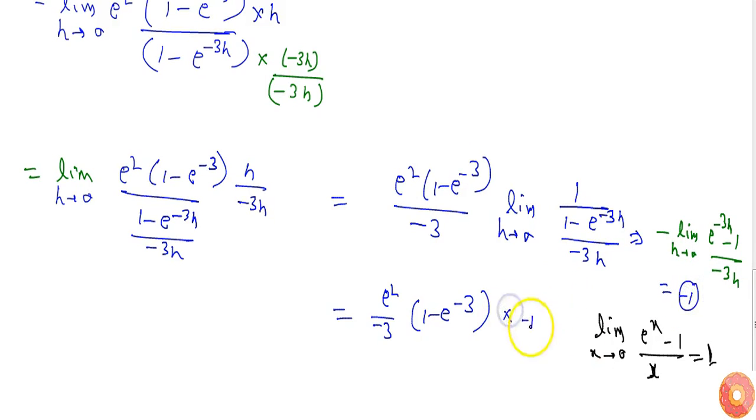So multiplying by minus 1 here, I'll get e square by 3 times (1 minus e power minus 3). So this will be our final answer.